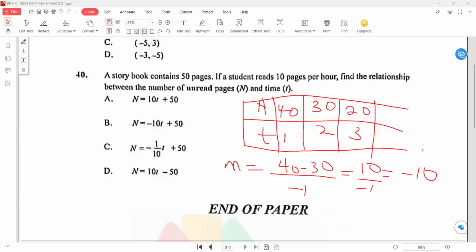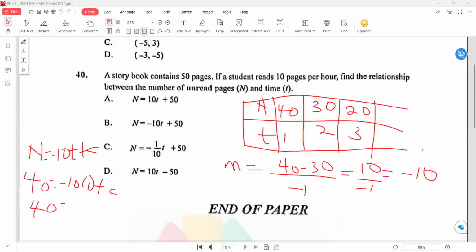So you realize, even from realization, it's just B that shows this, but let's continue. So n is equal to 10t plus c. To find c, you take a pair. So 40 is equal to 10 times 1 plus c.